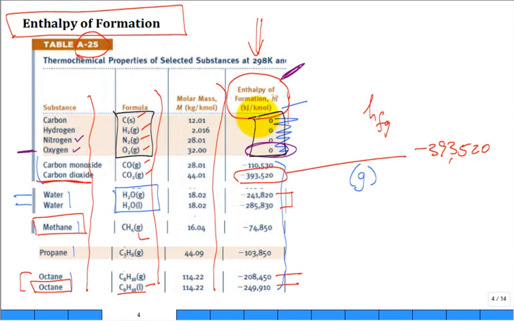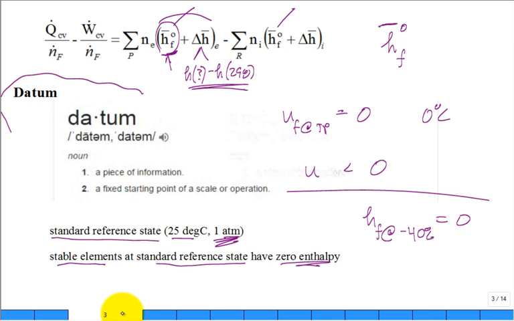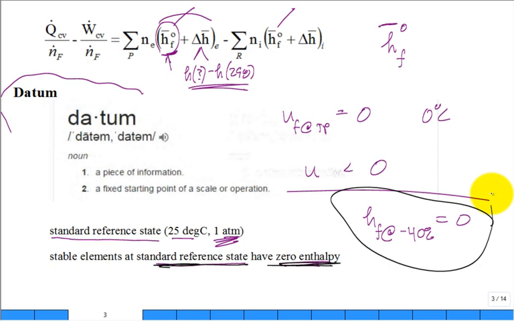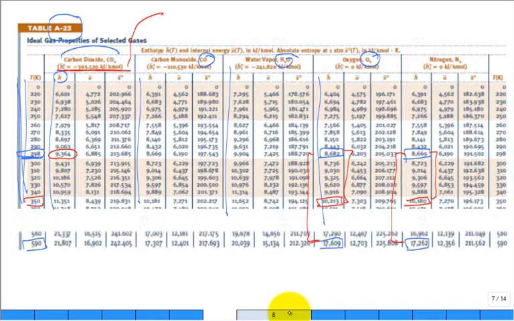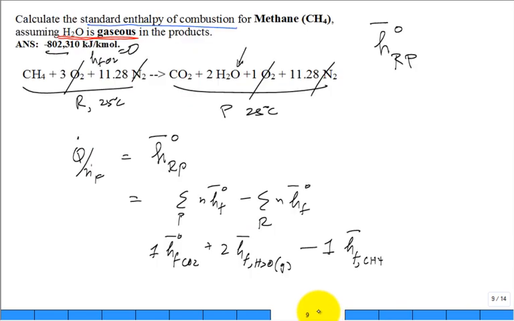But the geniuses that worked this all out decided these elements are going to be set to zero. Basically, stable elements at the standard reference state are set to have a zero enthalpy. They're chosen. Just like the enthalpy of refrigerant, saturated liquid at negative 40 C is chosen to be zero. I think a lot of the chemists worked this out years and years and years ago.